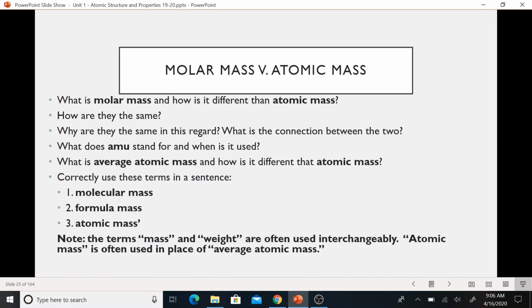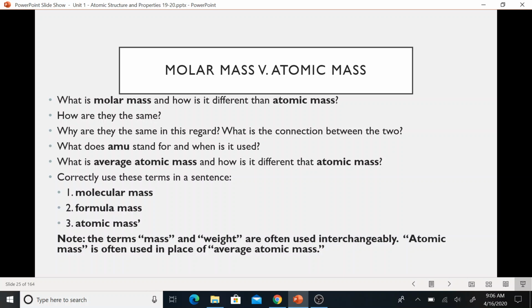Okay. Now, let's shift there, right? So there, atomic mass and average atomic mass have been dealing with the particle level. Well, molar mass takes us out of that particle level and moves us into the macroscopic level, into something that you and I can relate to much more readily, right? And so the molar mass is going to be the mass of 1 mole of a substance. And if you're remembering, 1 mole is 6.02 times 10 to the 23rd of whatever particle you're dealing with.